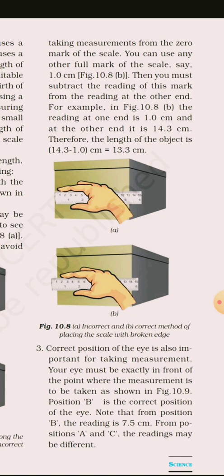Then you must subtract the reading of this mark from the reading at the other end. For example, in figure 10.8, the reading at one end is 1 centimeter, okay, and at the other end it is 14.3 centimeter. Therefore, the length of the object is 14.3 minus 1 centimeter, which is equal to 13.3.